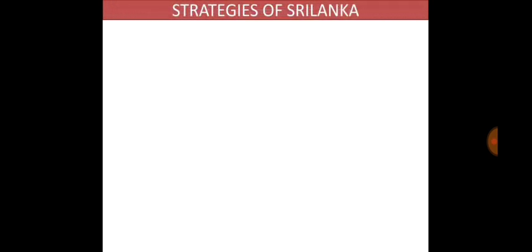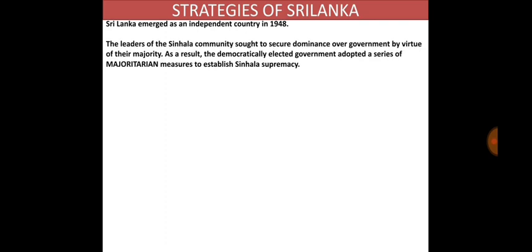Now see the situation, the strategy of Sri Lanka to tackle the conflicting situation, the dissatisfaction that arose among the different communities in Sri Lanka. Sri Lanka emerged as an independent country in 1948. And the leaders of the Sinhala community sought to secure dominance of the government by virtue of their majority.